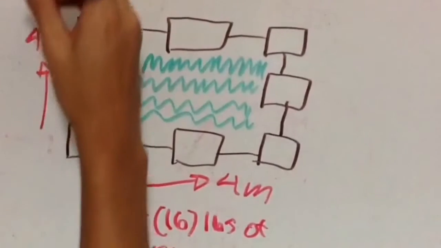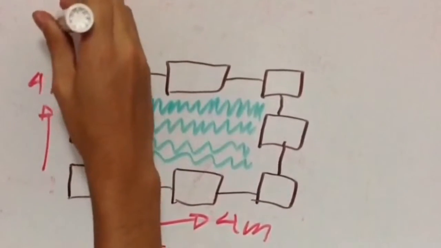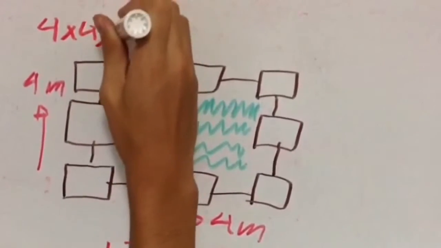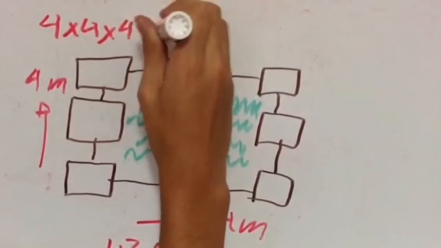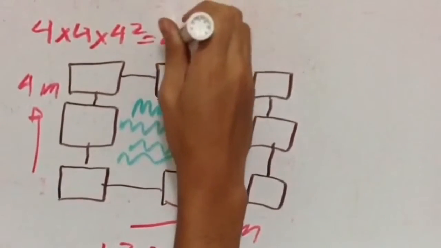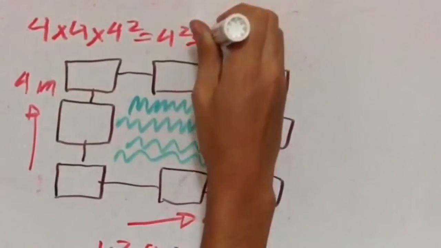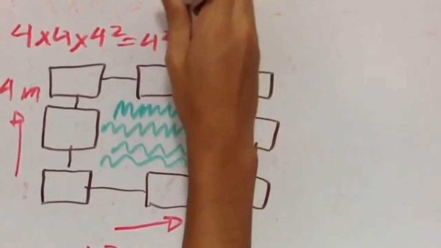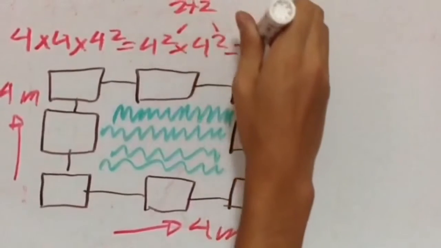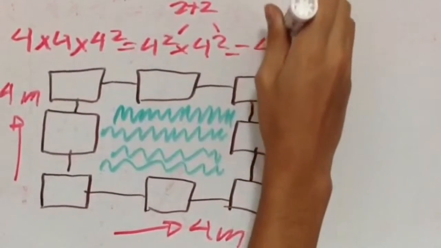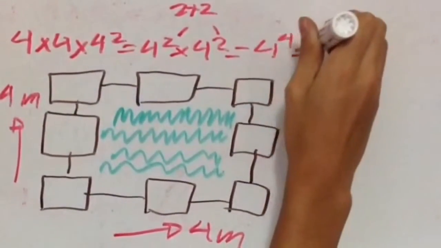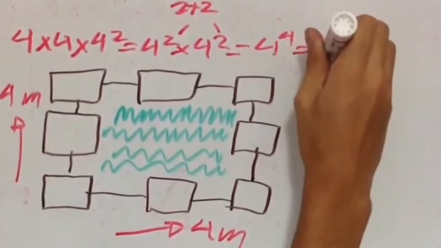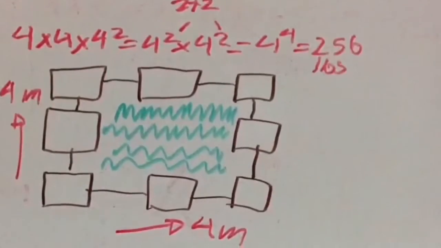Then you have 4 by 4 times 4 to the power of 2, which could also be written as 4 to the power of 2 times 4 to the power of 2. Then you just add both exponential values to get 4. So the result is 4 to the power of 4, which would be 256 pounds of dirt.